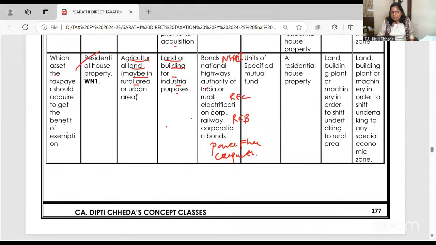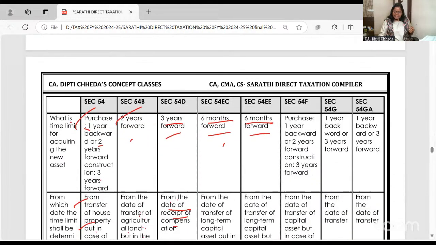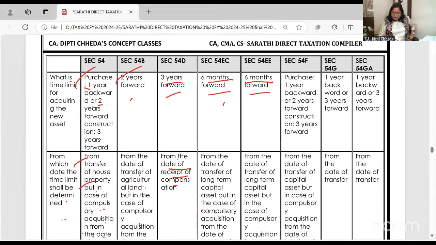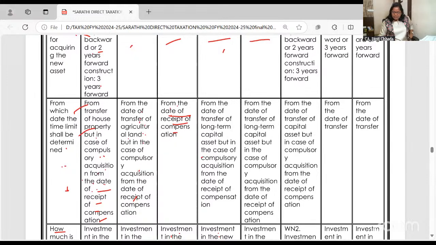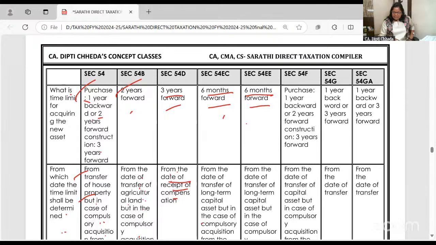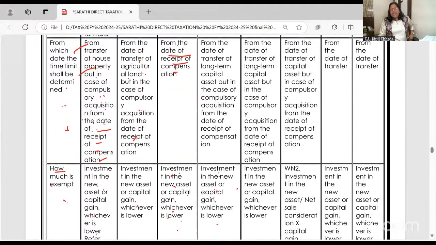Here you are buying specified mutual funds. Mutual funds mean you get units, like you invest in a company and you get shares. So 54 EE, from the date of transfer, you have to buy within 6 months from the date of transfer, and if it is compulsorily acquired, then from the day you receive the money, only then can you put that money in bonds.